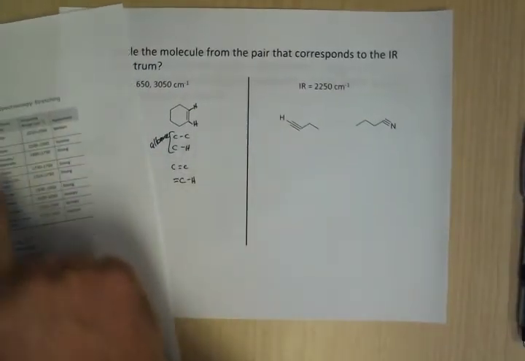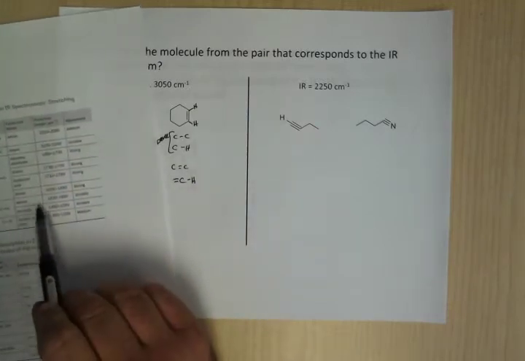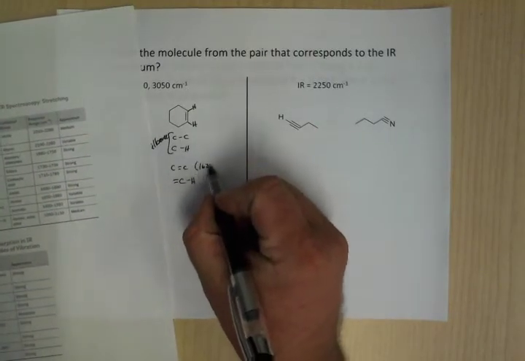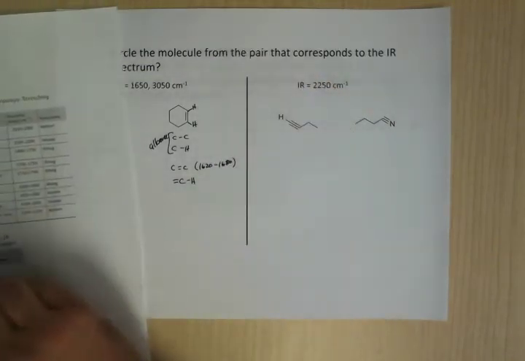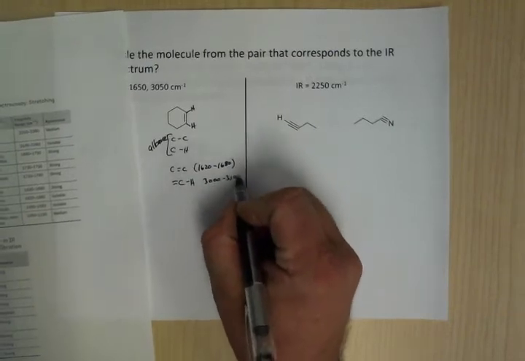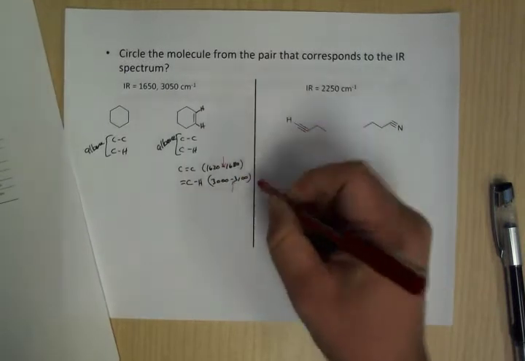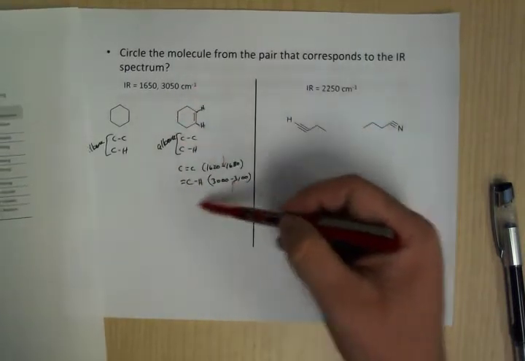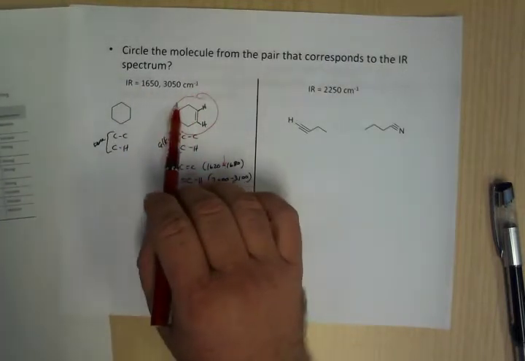So for the carbon-carbon double bond, again, you're going to have this chart on the test. This is going to be 1620 to 1680, and then the alkene CH is going to be between 3000 and 3100. Both of these fall right into this range. So this is going to be the molecule represented by this IR spectrum.